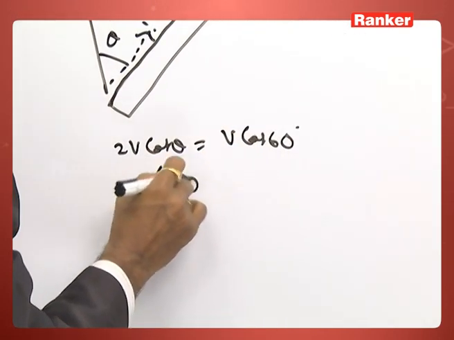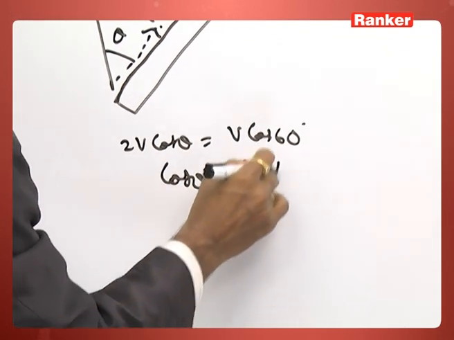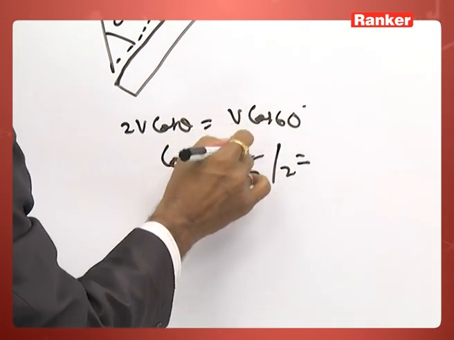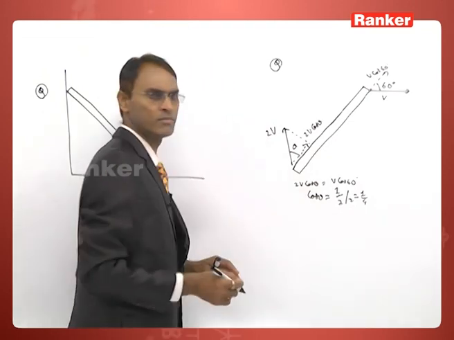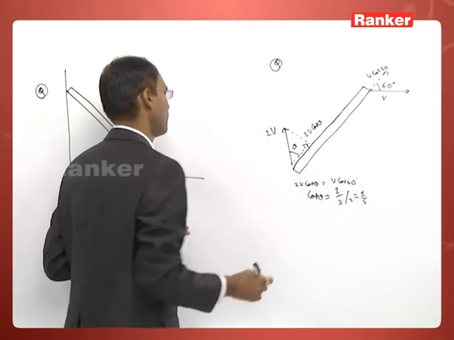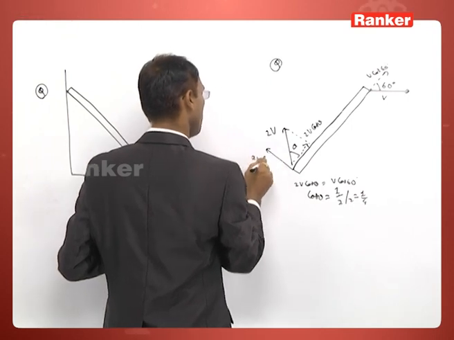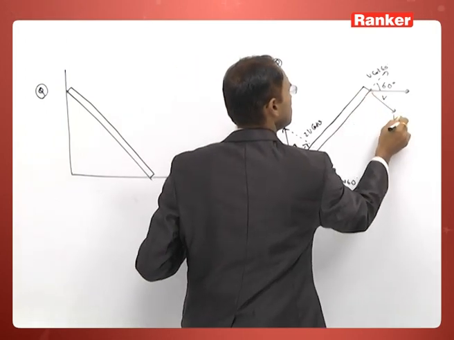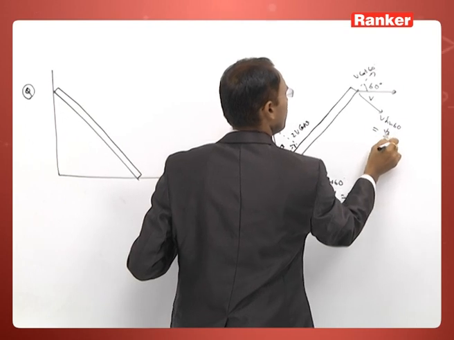So cos theta is equal to v by 2 by 2. V will be getting cancelled. You are getting 1 by 4. So cos theta is 1 by 4. Now sin theta will be how much? 2v sin theta, v sin 60 is equal to root 3 by 2 into v.